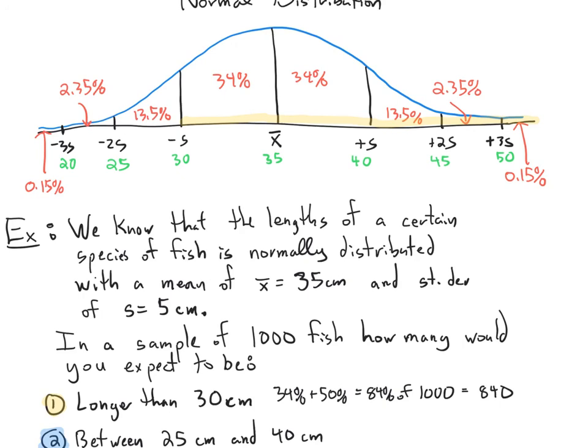So it's those regions. So it is 13.5% plus 34 plus 34, so 68 plus 13.5%. Let's write that down.